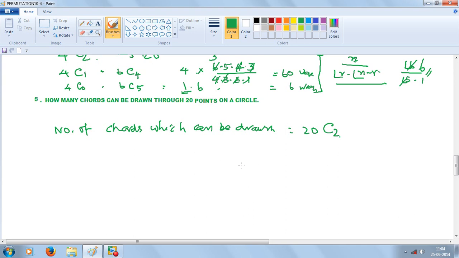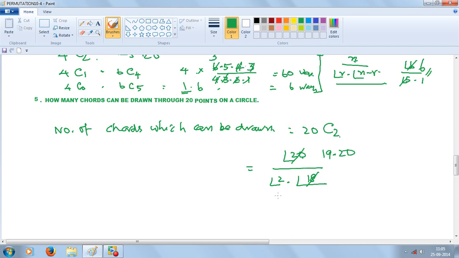What is the formula? Factorial 20 divided by factorial 2 multiplied by factorial 18. Factorial 20 divided by factorial 18 becomes 19 multiplied by 20. Only those two factors will remain.